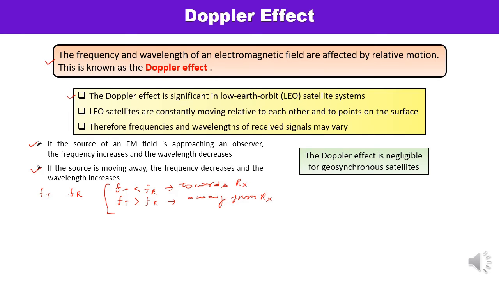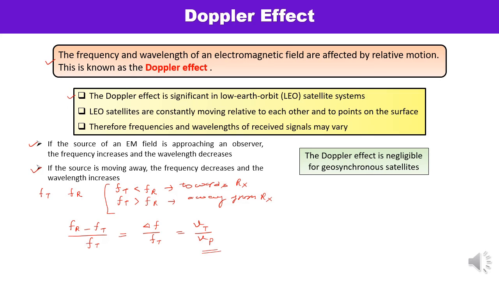And mathematically, the relationship between the transmitted and received frequencies can be written as (Fr minus Ft) upon Ft, which is equal to delta F upon Ft, or it can be written as Vt upon Vp.